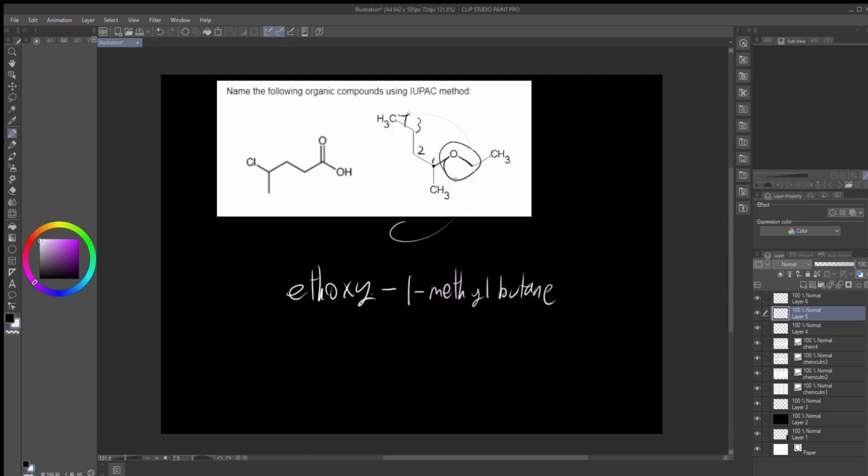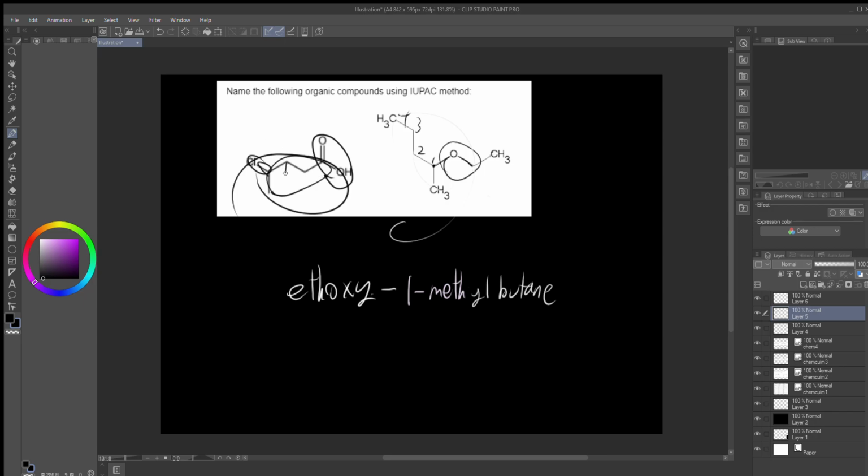So an ether is kind of an interesting case, but most molecules you'll name similar to the way we named this one, where we have the lower functional groups as the prefix, and then we have the carbon main chain as the middle, and then we have the higher functional group as the suffix.